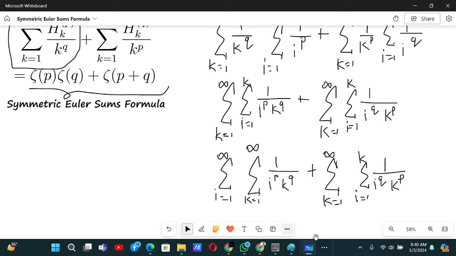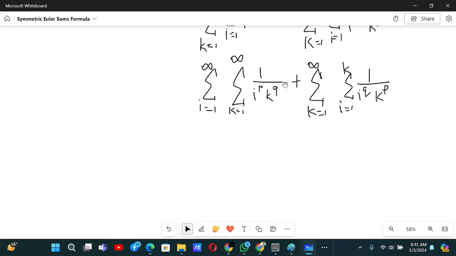Now over here, since i and k are just dummy variables, let us swap i and k with each other, and the sum will still be the same. Just write i in place of k and k in place of i. That will not really matter, because these are just dummy variables and they can be replaced by anything. If we do that, because over here it goes from 1 to k, and over here that will go from k to infinity, we can add them. That will make things simpler.